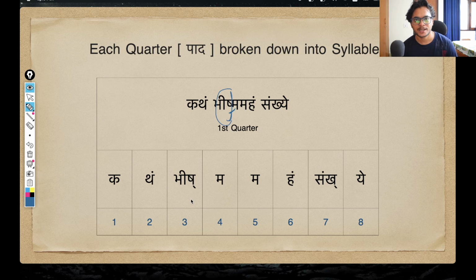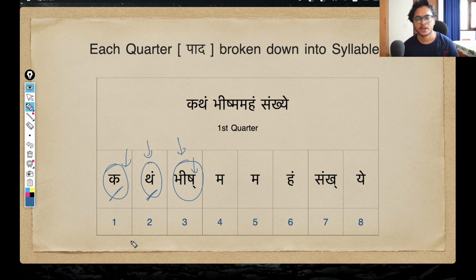Okay, so already we have seen three conditions: if any entity ends with a vowel, if any entity ends with an anuswara, and if any entity is followed by a conjunct consonant. All these entities become individual syllables. So Ka, Tham, Bhish, these are the three syllables we have got so far.